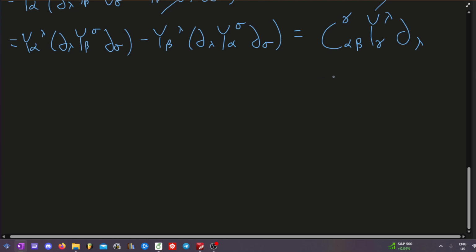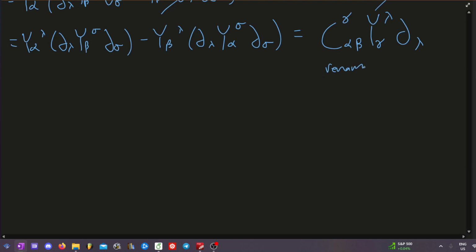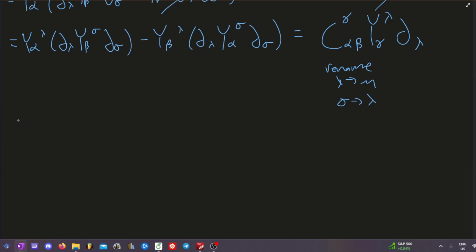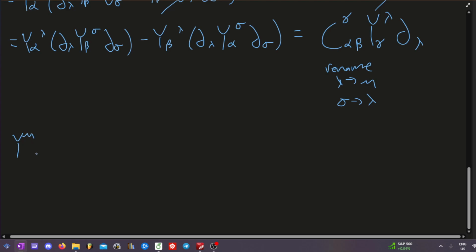So we're going to rename lambda to mu and sigma to lambda. So in this case, we end up with, I'm going to go down here a little bit, y mu alpha del mu y beta lambda minus y beta mu del mu y alpha lambda.